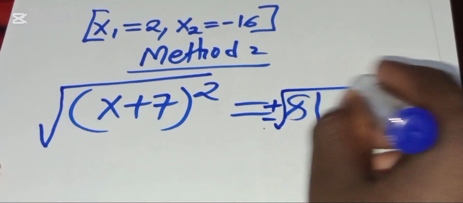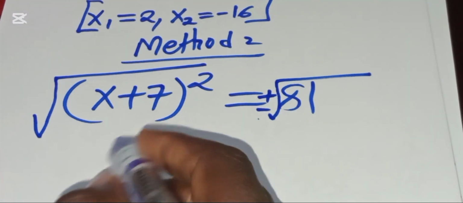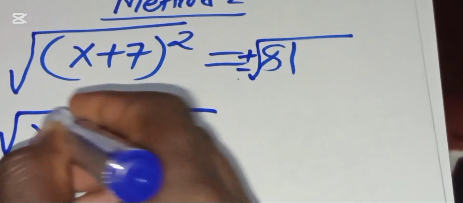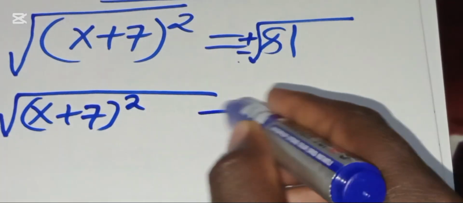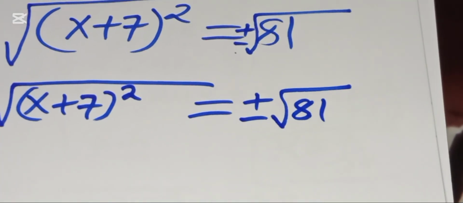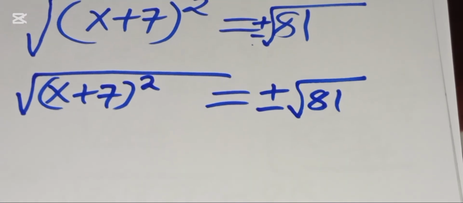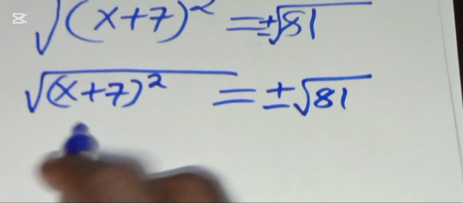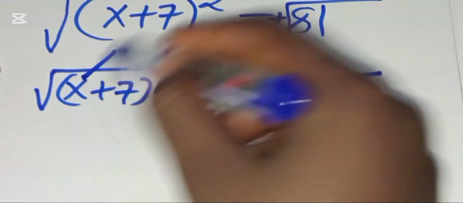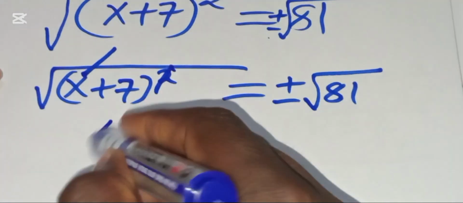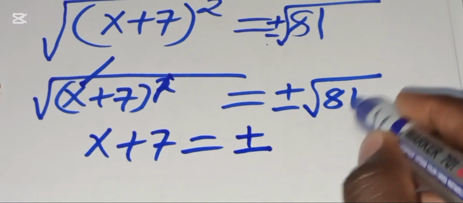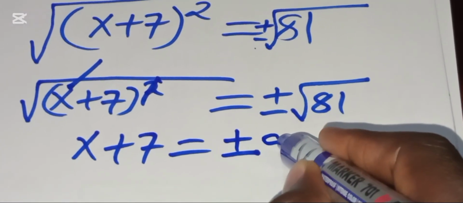So the square root of (x + 7)² is equal to plus or minus the square root of 81. The square root sign and the square simplify, so we have x + 7 equal to plus or minus the square root of 81, which is 9.